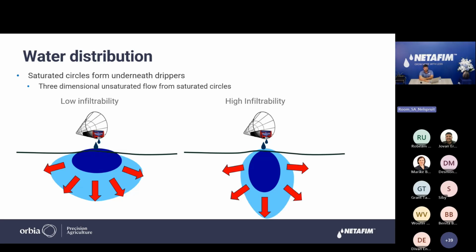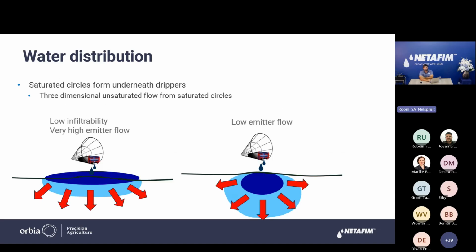If your soil has low infiltrability, you tend to find more spread towards the surface, and a wider secondary spread from that saturated circle outwards. If you have very high infiltrability, water moves into your soil faster, you have a smaller or narrower saturated circle, and the distribution from that saturated circle is generally narrower.